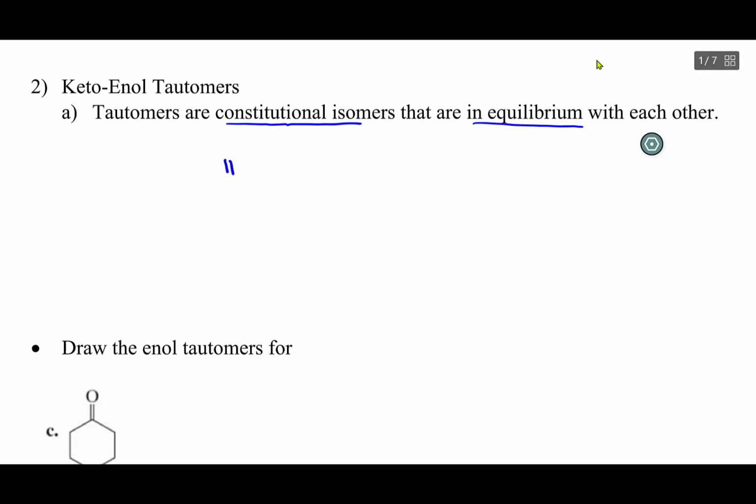Okay, so again, I'm going to just deal with acetone. So I have this, right? CH2 and then an H. That's acetone, and this is CH3. There's an equilibrium, so an equilibrium arrow, not resonance, it's different, between that structure and this structure.